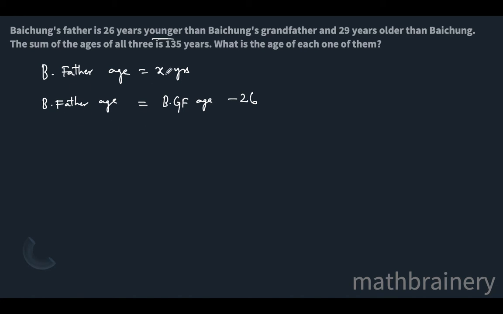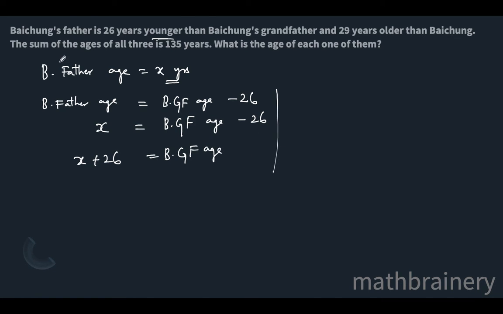Baichung's father's age, we have assumed it as x years. So, this x must be equal to Baichung's grandfather's age minus 26. Let's transpose this 26 to LHS. You get x plus 26 is equal to Baichung's grandfather's age.